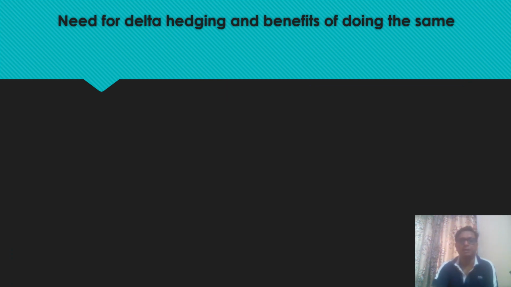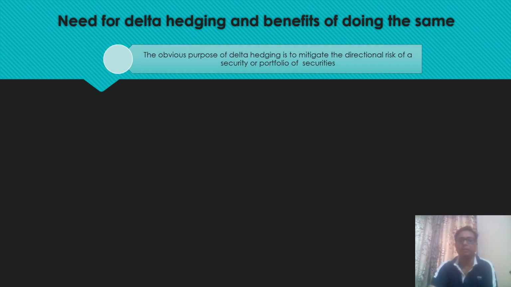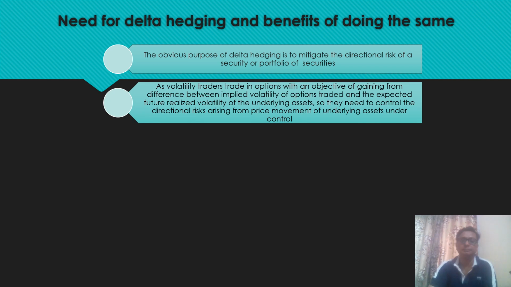Now, what is the need for delta hedging under different situations, and what are the benefits of doing the same? The obvious purpose of delta hedging is to mitigate the directional risk of a security or portfolio of securities. Volatility traders trade in options with an objective of gaining from the difference between implied volatility of options traded and the expected future realized volatility of the underlying assets.